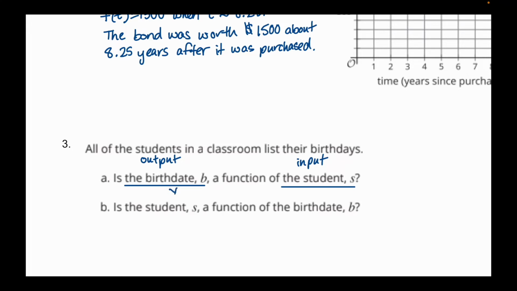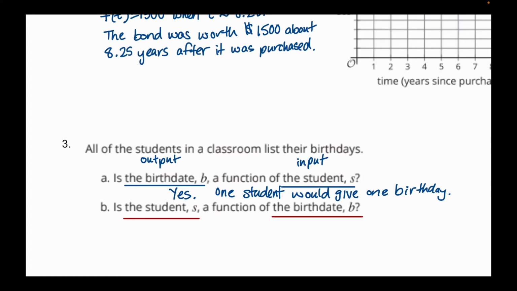So yes, one student would give one birthday. Okay, but now the other direction they're asking is the student, so looking at the student as the output, a function of the birth date, which would be the input now.